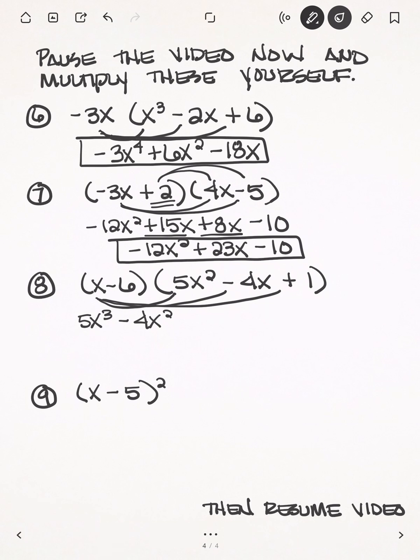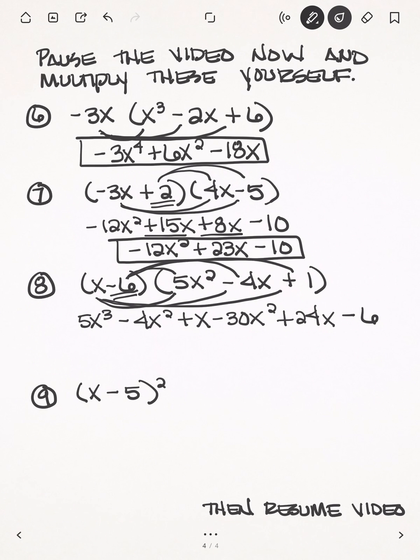And x times positive 1 would be positive x. Then I take my negative 6. Make sure you take the negative sign with it. And I multiply this way. I'm going to say negative 6 times 5x squared would be negative 30x squared. Negative 6 times negative 4x would be a positive 24x. And negative 6 times positive 1 would be negative 6.